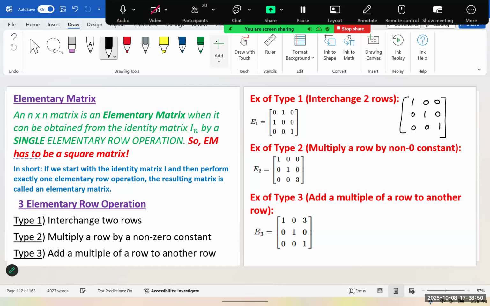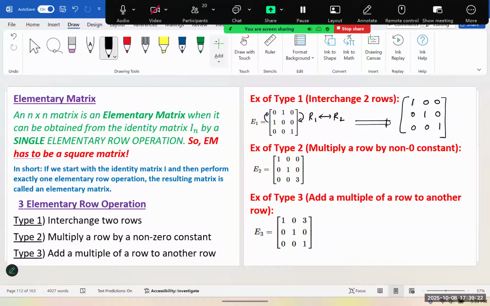If you compare the left one with the right one, they're almost identical. The difference is that the first row and second row are swapped. So the operation we use here is we swap row 1 with row 2, and then it becomes the identity matrix. So E1 is an elementary matrix because we can apply only one row operation and it turns into the identity.